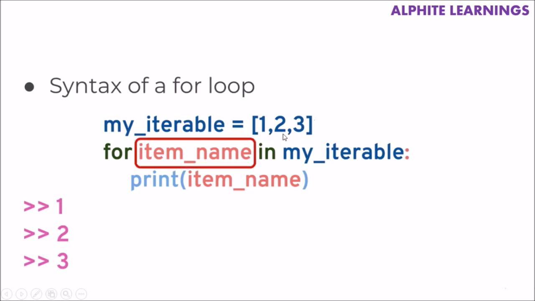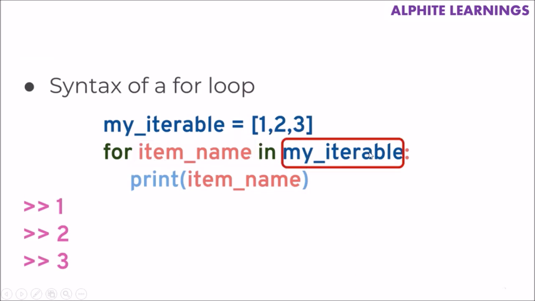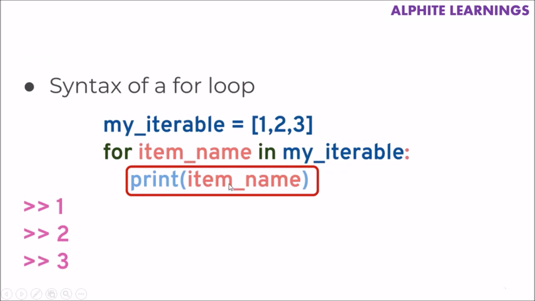Then I'm using the for loop as my operator for item name. What is the item name? I have a set of lists and I have three items. So what is the item name in my iterable, in which variable, I'll print that.